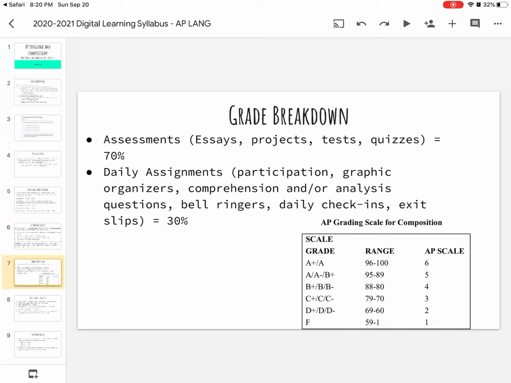I will say that I believe in second chances and revisions and learning from mistakes.